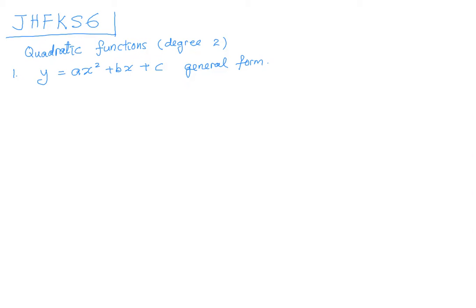Like for example, all this you learned before, I give you y equal to 4 minus 3x minus 2x squared. Straight away, what can you tell me about this function? Anyone want to try?